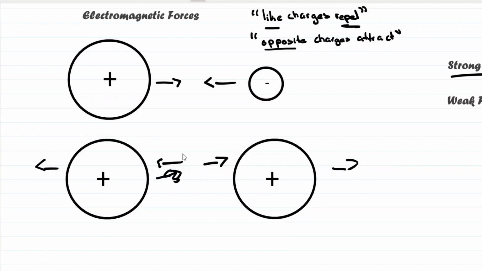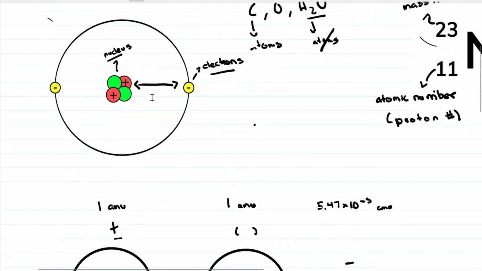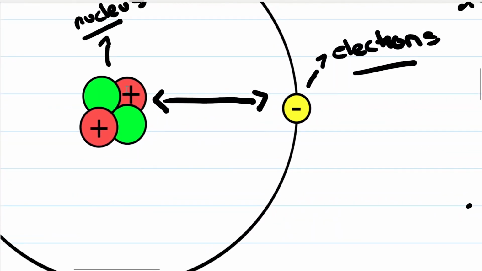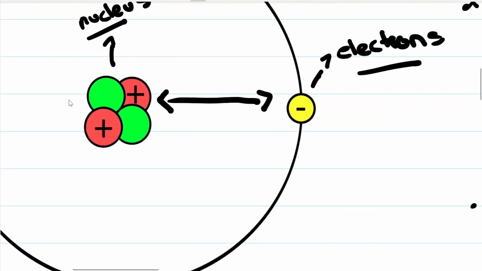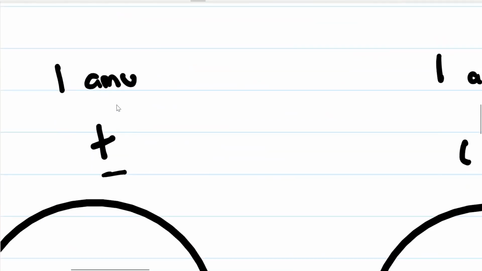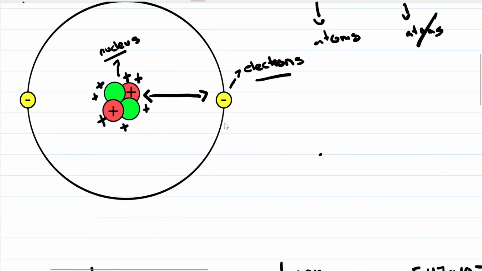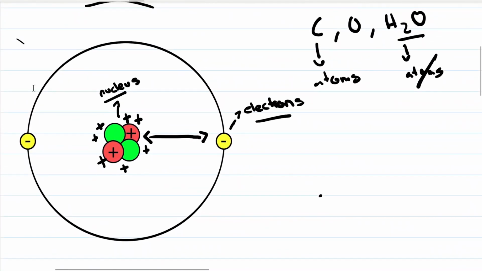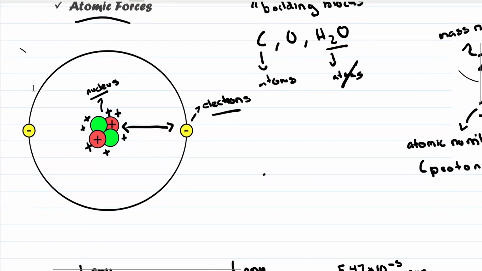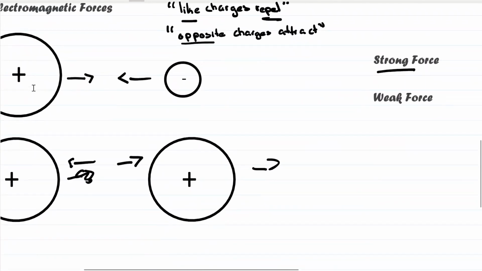And this may bring a few questions, because if you look at the nucleus, it's just a bunch of positive charges and neutral charges as well, but the positive charges are all together. So if we use the electromagnetic force, shouldn't that mean that they repel and the nucleus would fly apart?